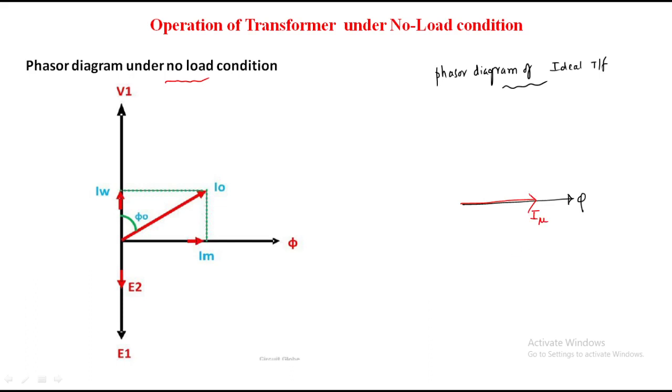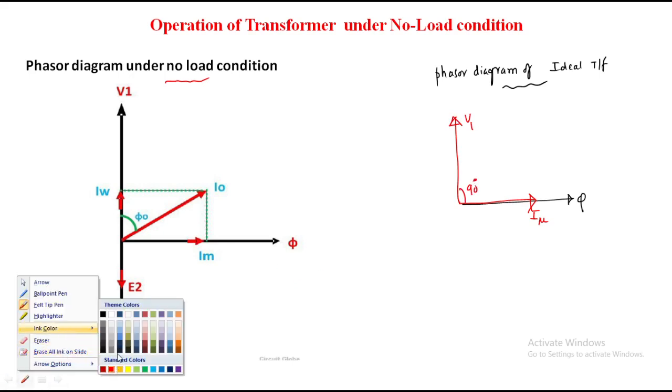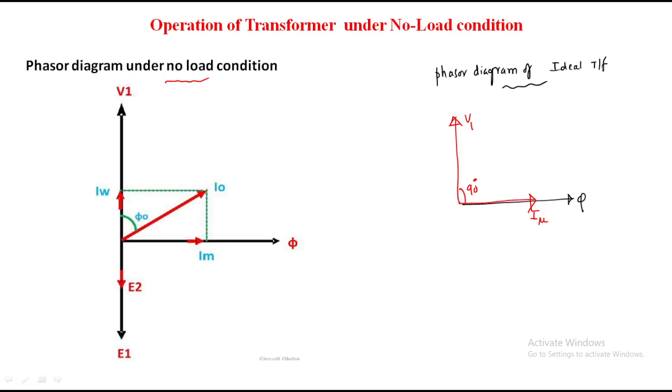Only one component of current is there, that is I mu, and this I mu lags supply voltage by 90 degrees, right? This is 90 degrees. Okay, what about EMF? This is E1, this is E2, right? E2 should be equal to minus E1. And what is the phase displacement between these two? 90 degrees. Clear? This is the phasor diagram of ideal transformer.